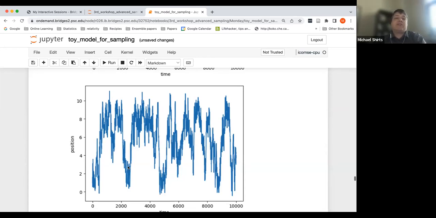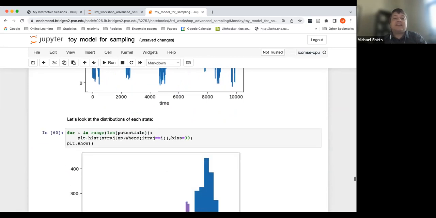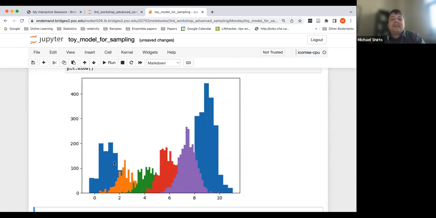Let's look at the distributions at each state. If we do a histogram of where it is, hey, in state 0, it's occupying these with the right probability. And then it's in these harmonic oscillators the other time. So we're adding these extra states, and motion in those states drags it back and forth between the minima.